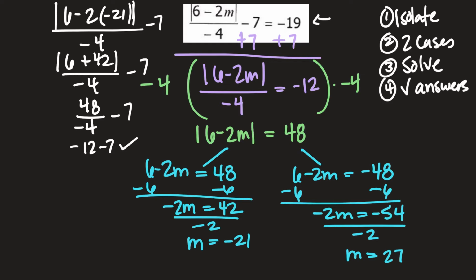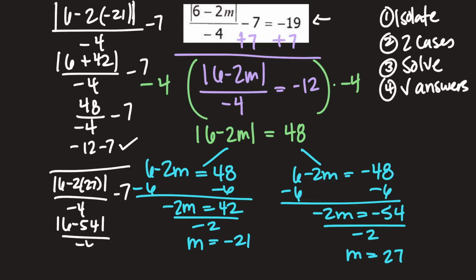And you would do the same thing with positive 27. So the absolute value of 6 minus 2 times 27 all over -4 minus 7 has to equal -19. It's absolute value of 6 minus, so this would be 54 over -4 minus 7.